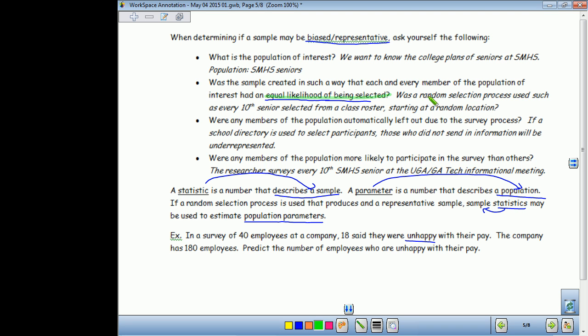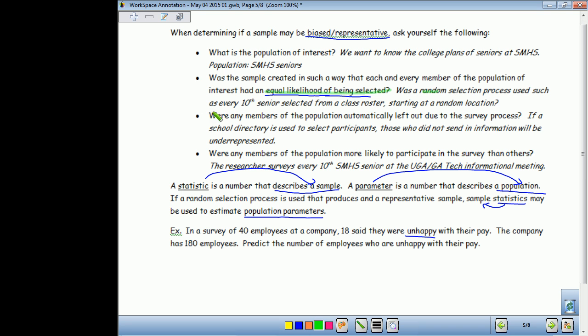Because that gives us a random selection process. So, was a random selection process used, such as every 10th senior selected from a class roster starting at a random location? Yes, that's fair. That would be random. But what if you don't like the 10th person? Unless they count the 9th person and they're like, oh, let me get back in line. It's random.